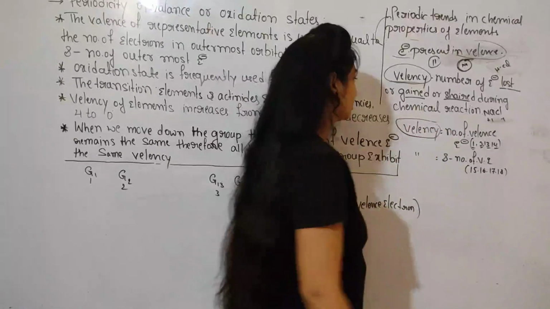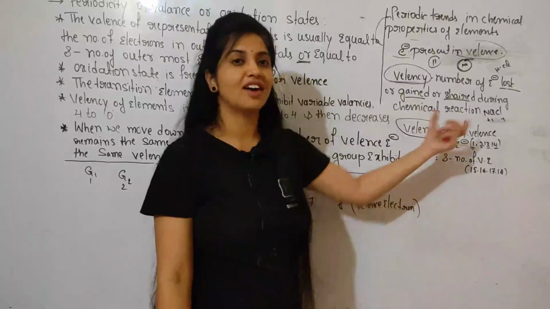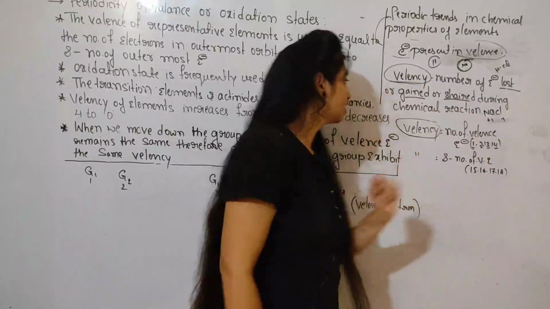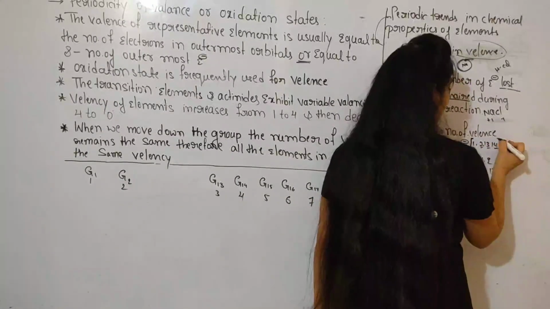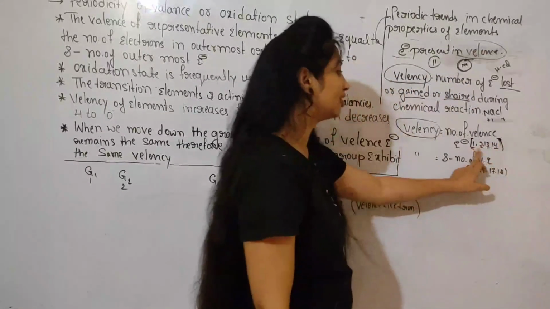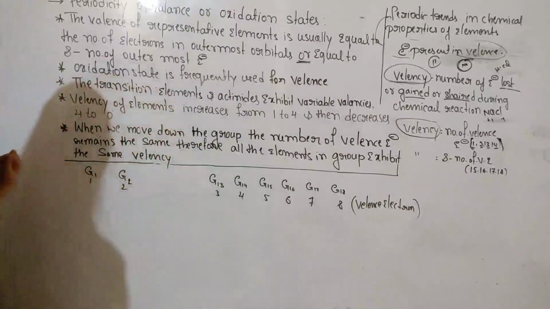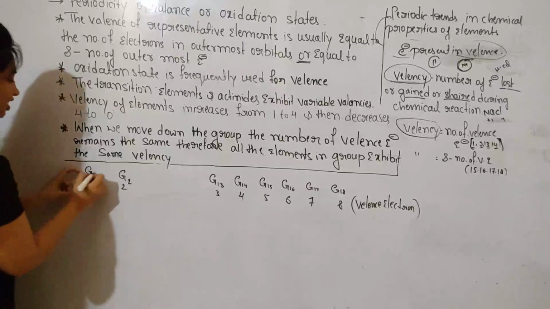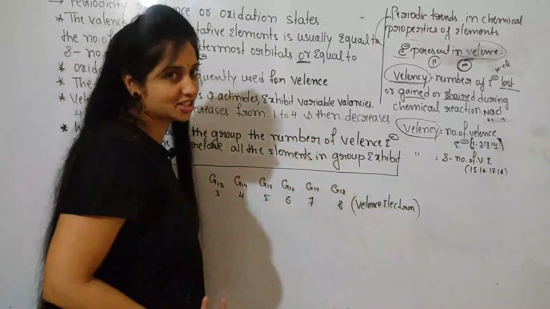So that definition is, the valency is equal to the number of valence electrons. Just remember, guys, this definition is only applicable for group 1, group 2, group 13 and group 14. See here, in group 1 we have 1 electron in the outermost shell.